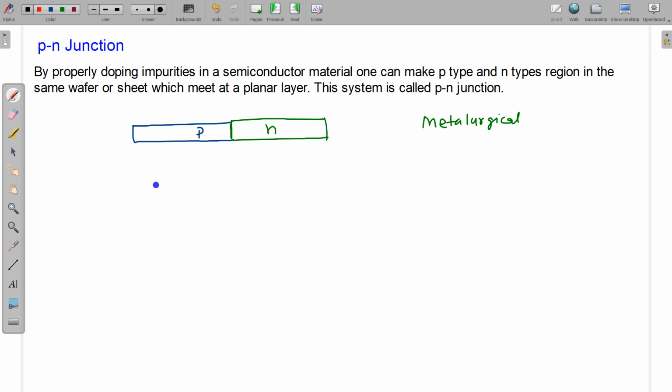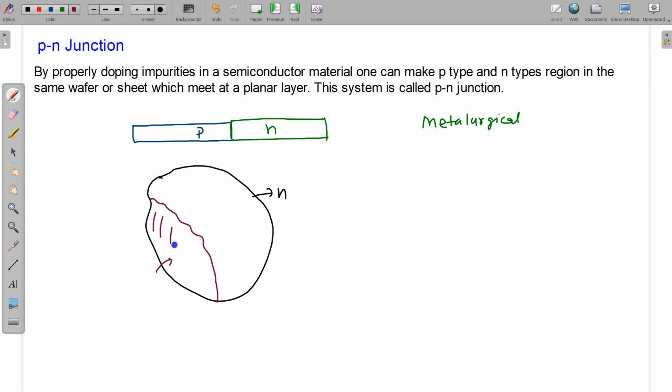So to make a p-n junction, we can take, suppose, this is n-type material, or n-type sheet or wafer, and in one portion of this n-type material. Obviously the impurities are pentavalent impurities, and suppose in this portion I diffuse trivalent impurities, so that this becomes p-type.